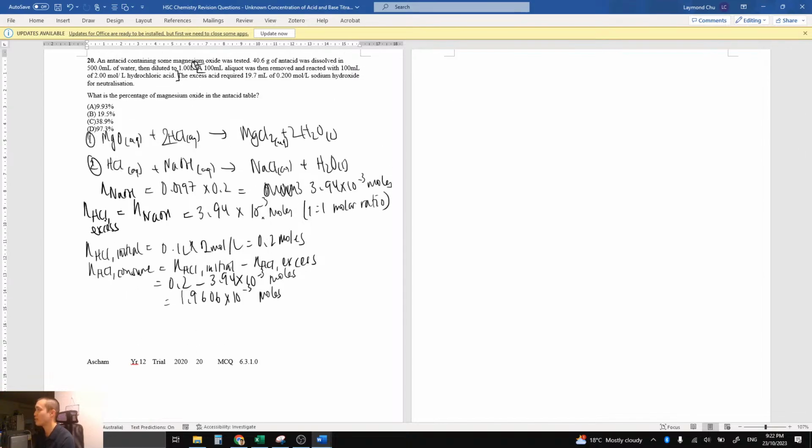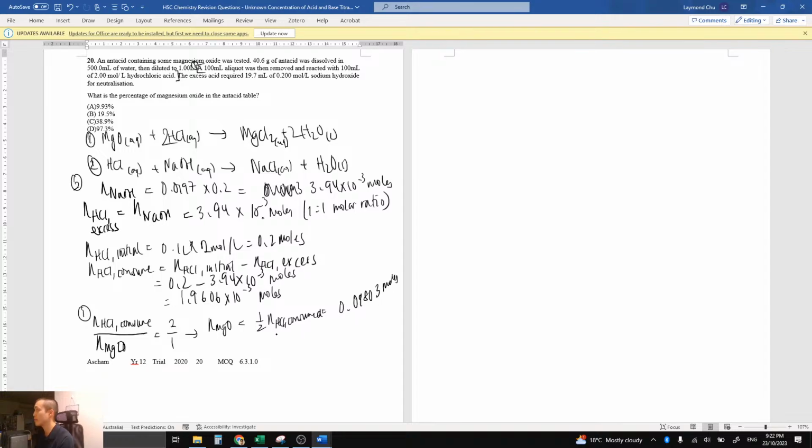Okay, and we can then do our molar ratio between our n of HCl consumed, which is our first reaction, and n of MgO, which is 1 to 2. Oh, sorry, not 1 to 2, 2 to 1. So we can say n of MgO is equal to half of n HCl consumed, which is 0.09803 moles.